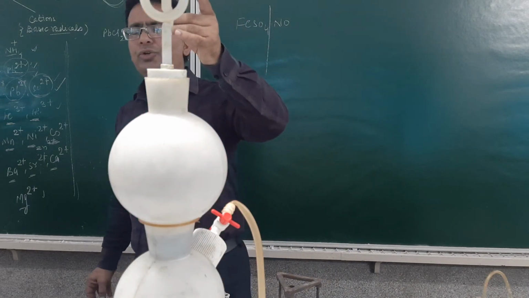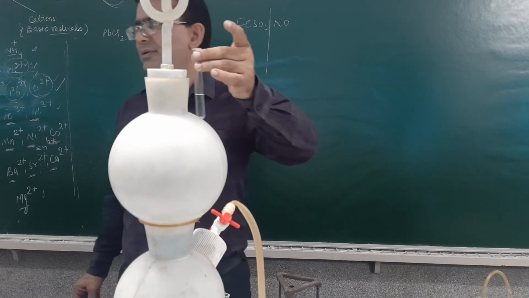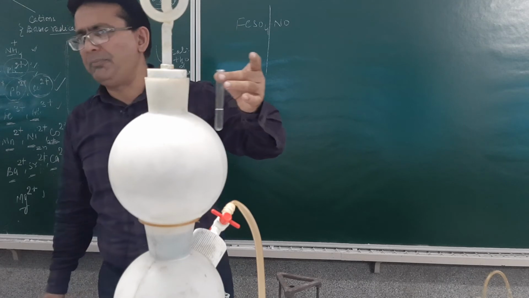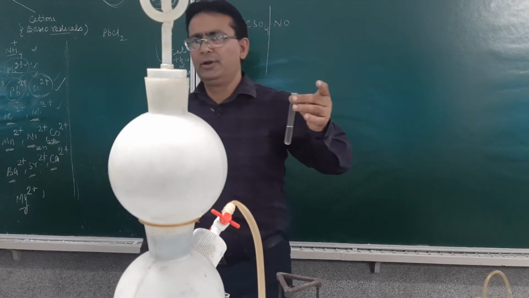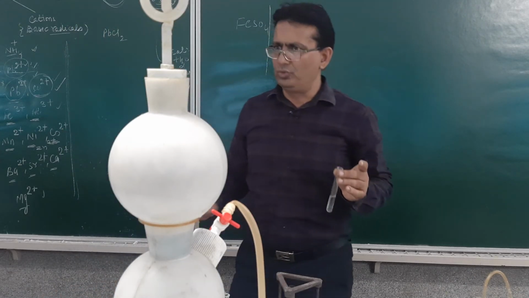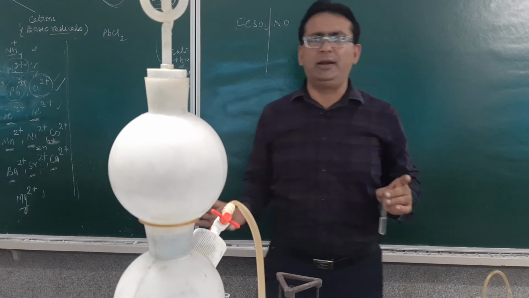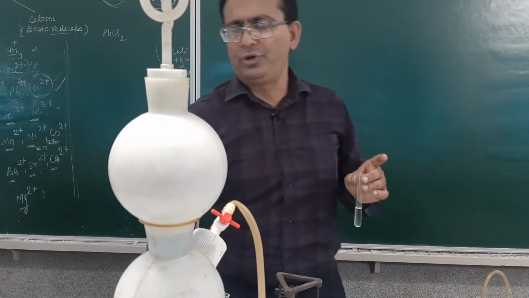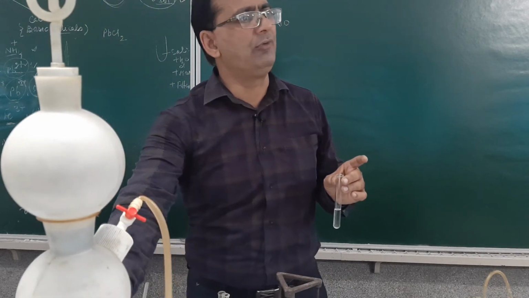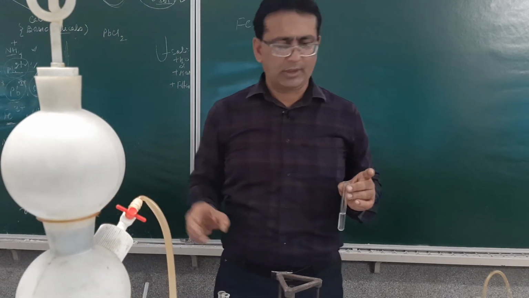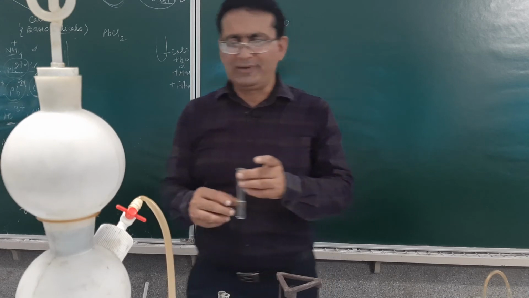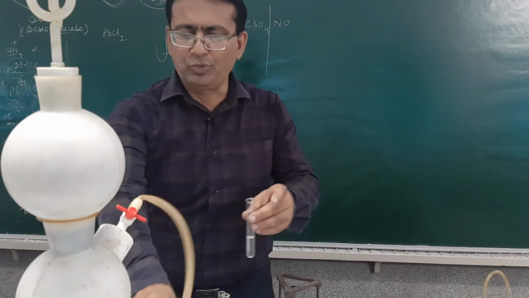The color observed will be black, yellow or brown, which will indicate the presence of group number 2. Since in this salt I have already identified the lead ion, naturally group number 2 will not be coming. Am I clear?